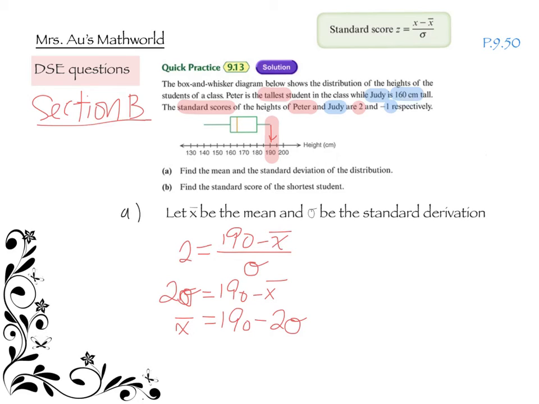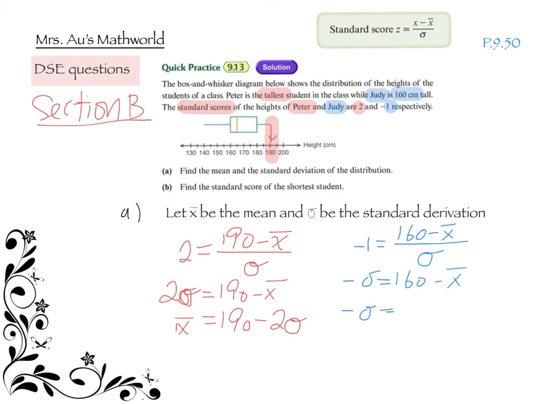And then for the other one, for Judy, -1 equals score 160 minus x bar divided by sigma. Negative sigma equals 160 minus x bar. So we can substitute for the value.